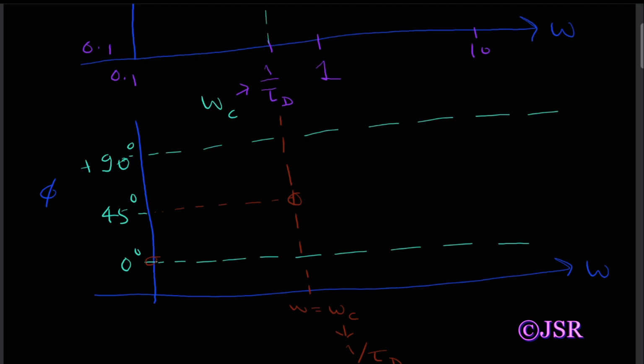When omega tends to infinity, the phase shift will be tan inverse infinity. So the overall phase plot can be drawn like this.